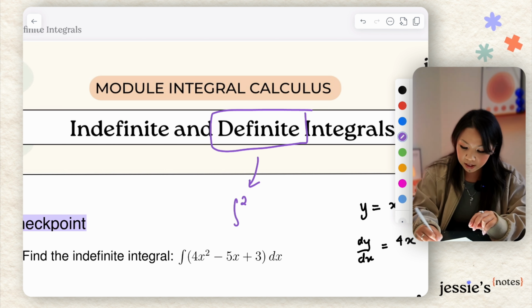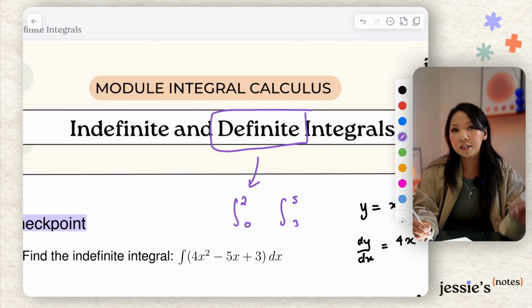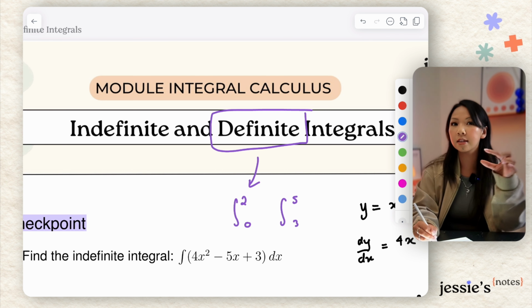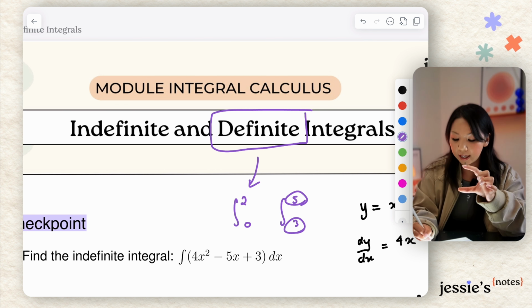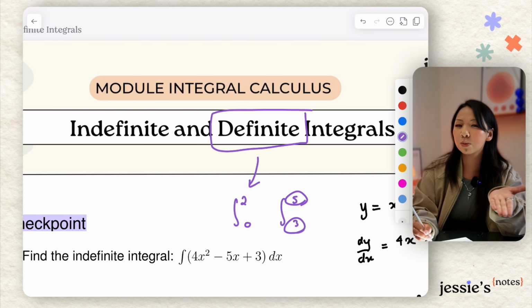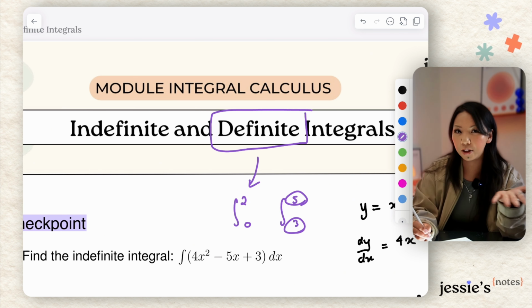So if the limits are from 2 to 0, or if the limits are from 5 to 3. Because what these limits are going to do later is once you integrate it, you're actually going to substitute in these limits. You essentially just plug in the upper limit minus plugging in the lower limit. And then it just gives you like this evaluated number. That's why I like to think of it as being definite, because it definitely gives you a value.